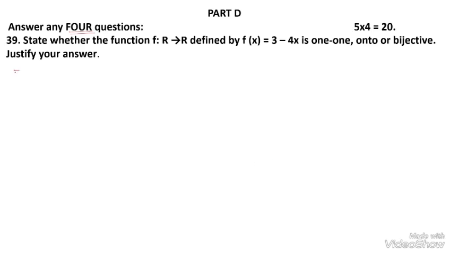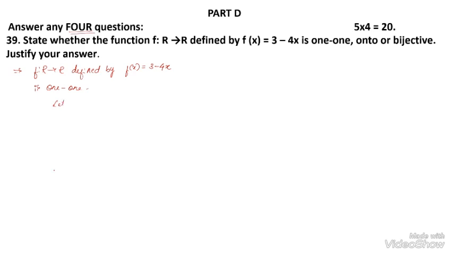Now, first, I can take simply the function from real numbers to real numbers defined by f of x equals 3 minus 4x. Now, first condition, we have to check the one-one condition.